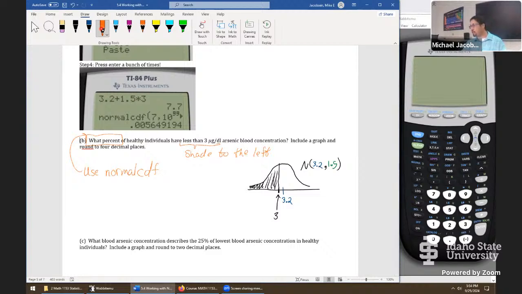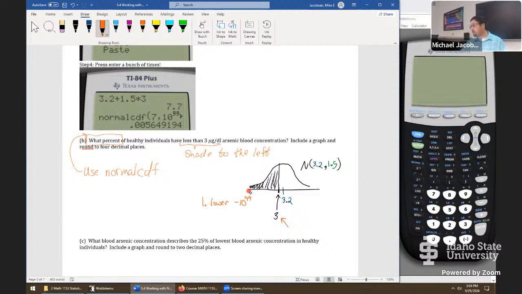Okay, well, input 1 is always the lower value. But observe the shading on this one. If it's shading starting at 3 and then going to the left, it means it's going to the left forever. We had no stopping point. So the lower value is negative 10 to the power of 99. So this time we're using our largest negative supported number in the calculator.